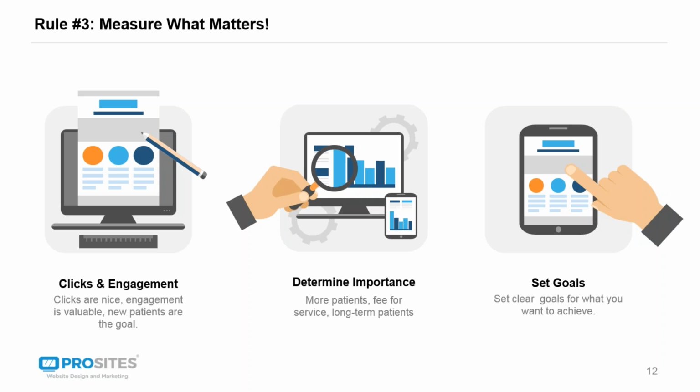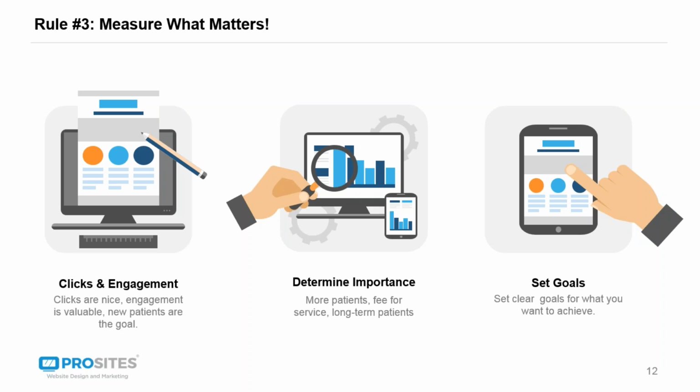The most important thing is engagement. Clicks are nice. Engagement is valuable, but new patients are the goal. So you want to be able to go from clicks to engagement, people who have filled out a contact form, to people who actually become patients. Because at the end of the day, patients are the goal.